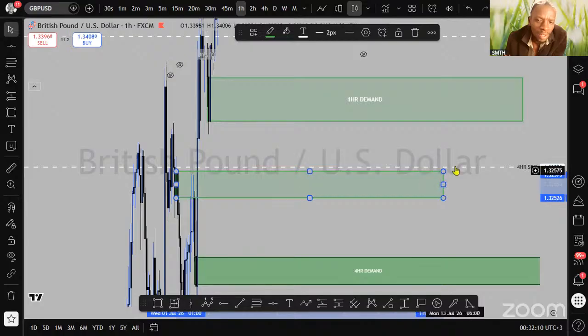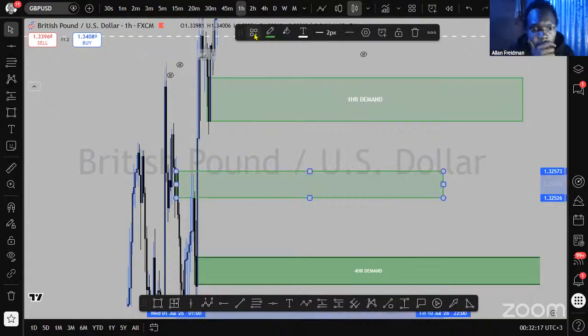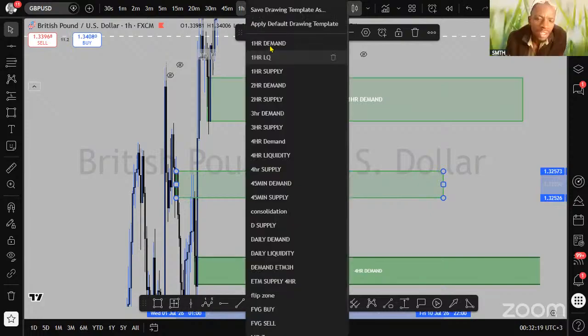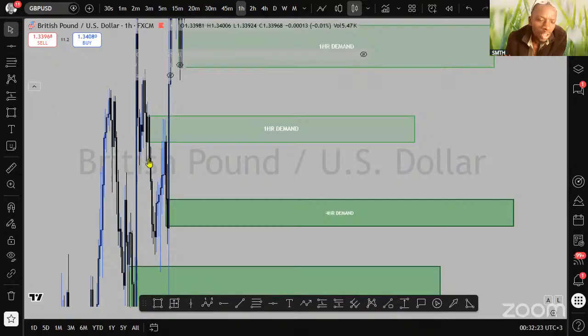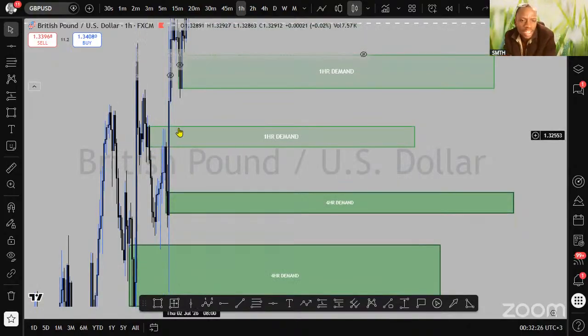It is this flip area. True? Yeah, true. I can say this is a demand, or I can decide to name it as a flip area. So are you able to see if I remove any information that is cluttered, I'm able to point out something that is very crucial? Okay.